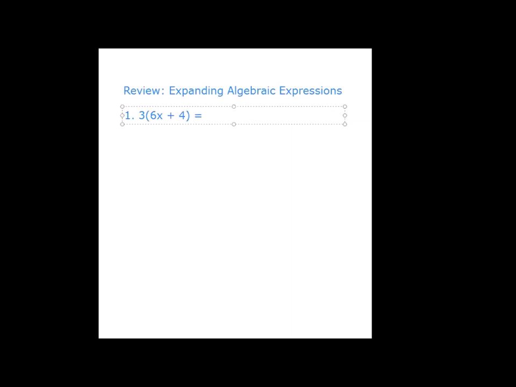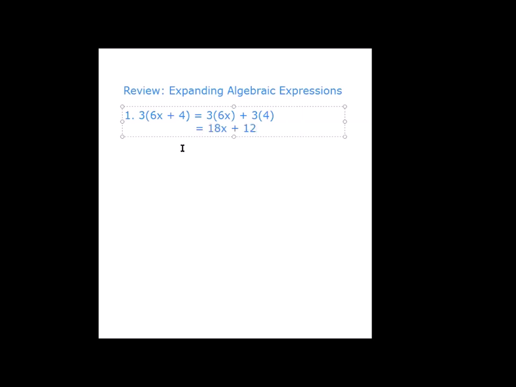And how do we expand this expression? 3 times 6x, then 3 times 4. The final answer is 18x plus 12. Okay, let's check. 18x plus 12.